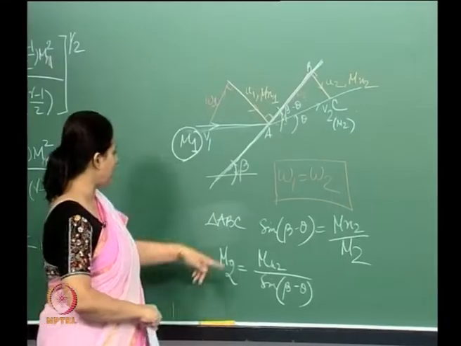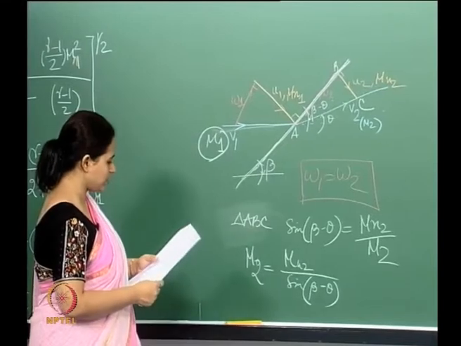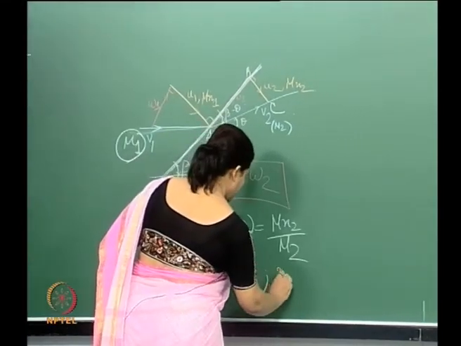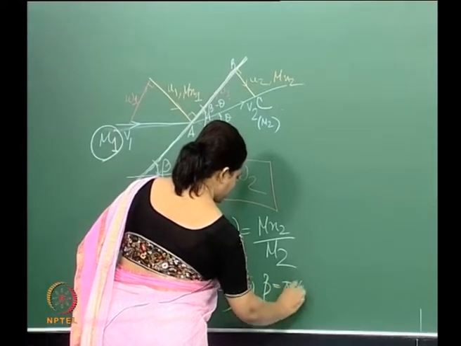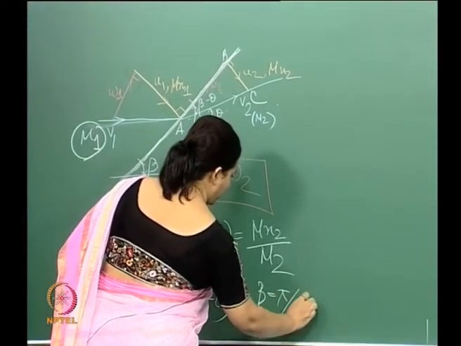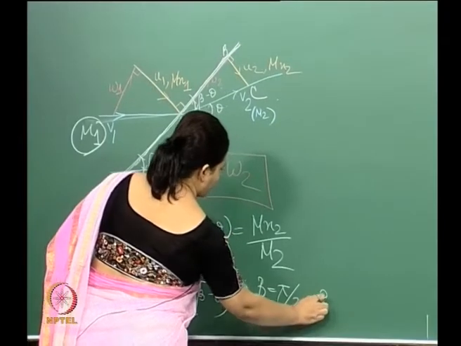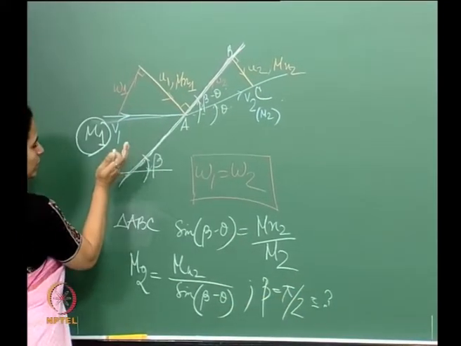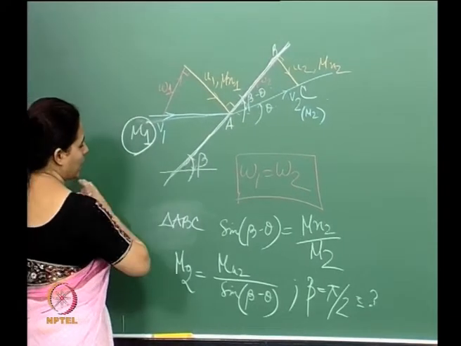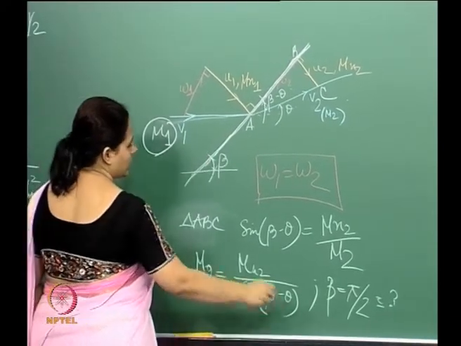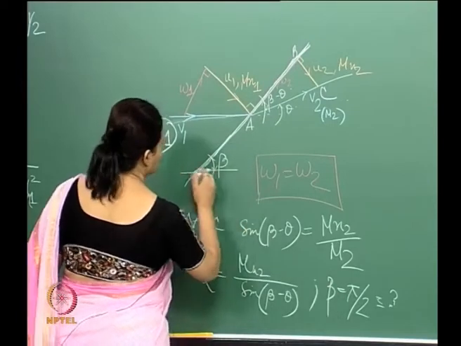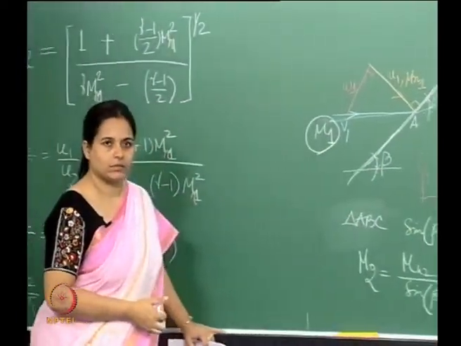Okay, now looking at this, just think about this. So basically this is beta. If you just look at the geometry over here, if beta is equal to pi by 2, then what do you get?